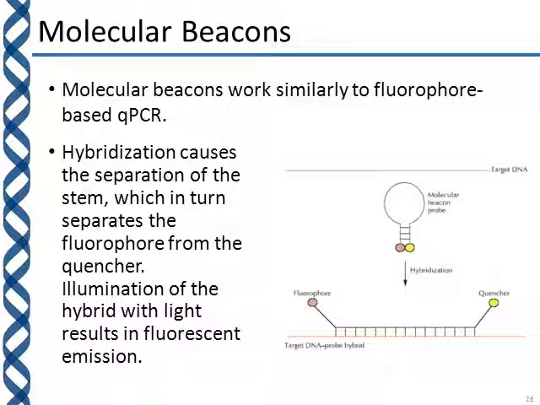And here we show a diagram of those activities on the right. Here, where you have your molecular beacon probe, it hybridizes to your target DNA, and instead of being in direct contact, your fluorophore and the quencher are now separated from each other, allowing the fluorophore to fluoresce.